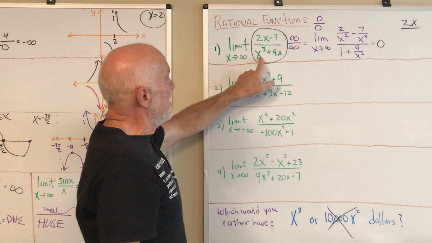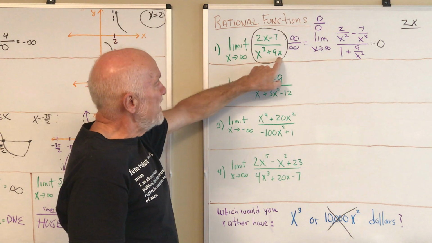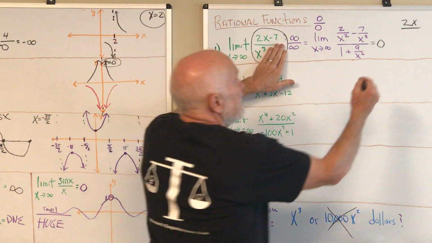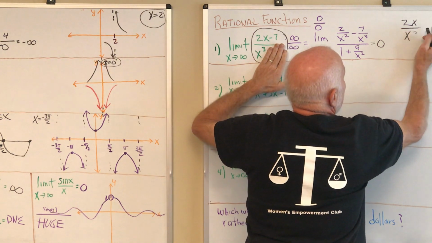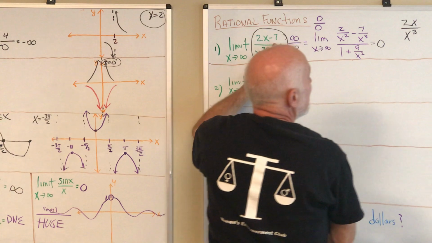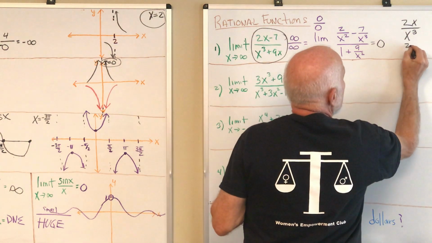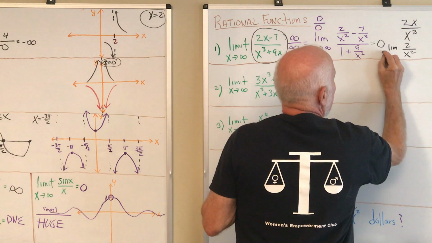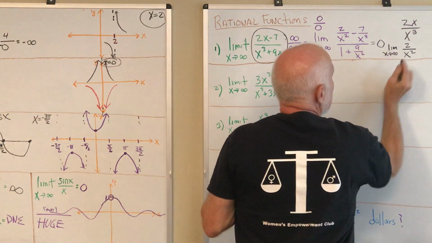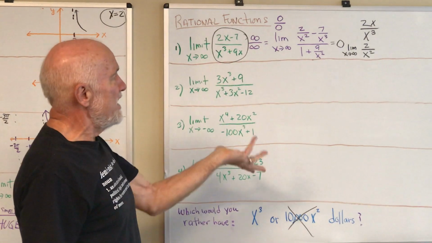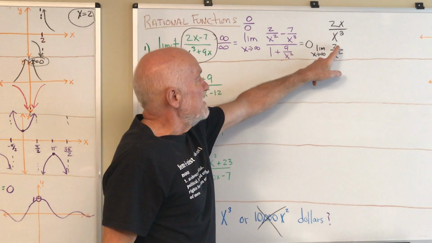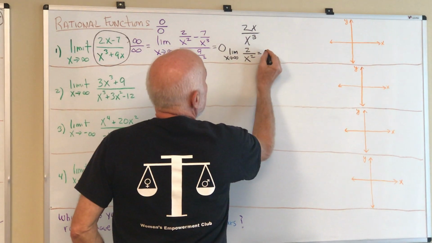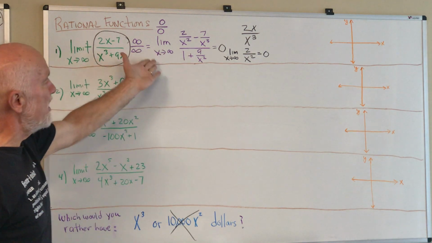In the denominator, x cubed is so much bigger than 9x as x approaches infinity, I could throw out the 9x, and I'm left with that, which I can reduce to 2 over x squared. Since I claim they're going to have the same limit as x approaches infinity or negative infinity, what are you going to get? 2 over a huge number goes to 0. I didn't have to go through all that division.